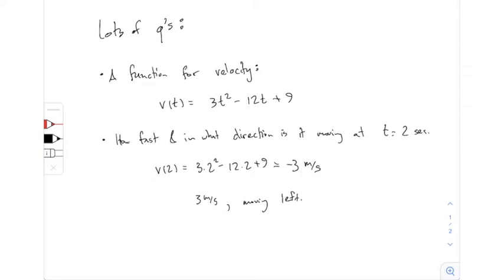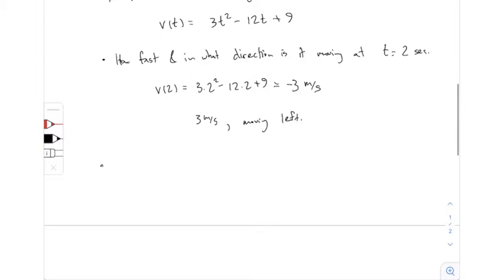Any thoughts about those? These are, in my opinion, easy questions to ask. All right, here's one that's slightly harder, although still not so difficult. Is it ever at rest? Is there ever a moment when the thing is not moving at all? How would we answer that question? Yes.